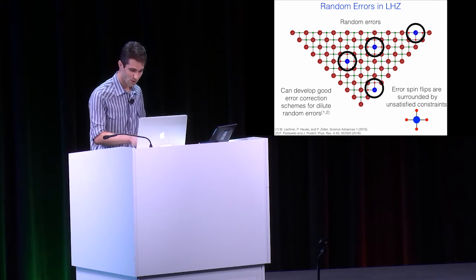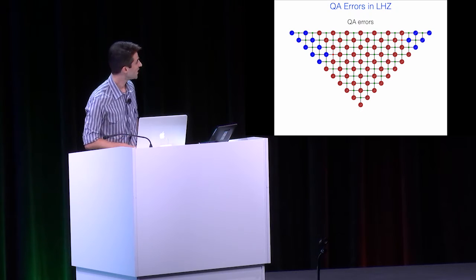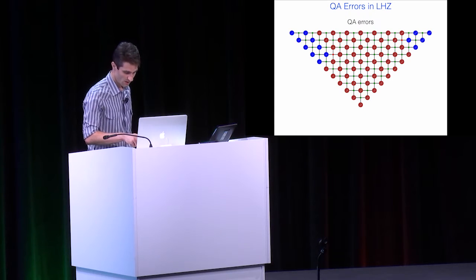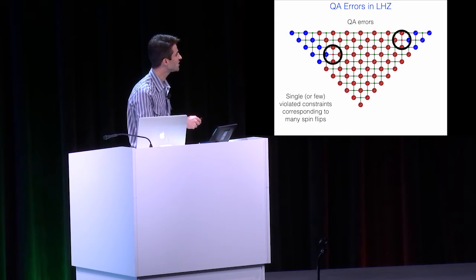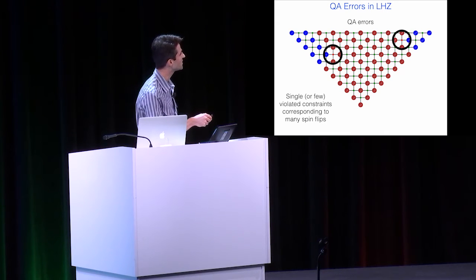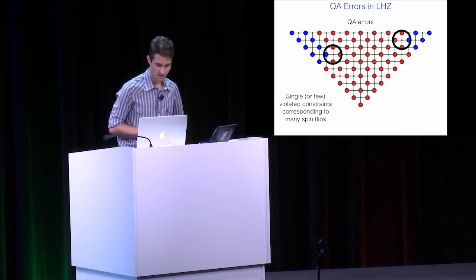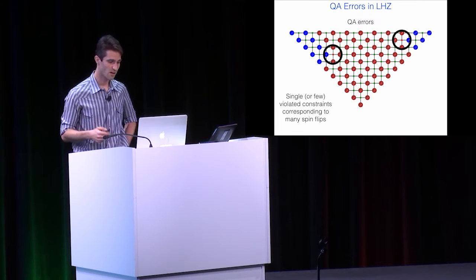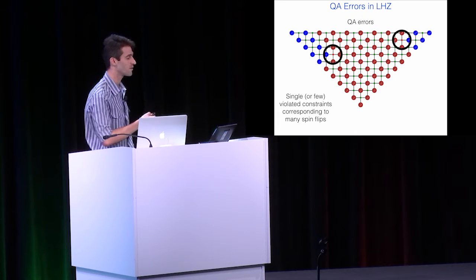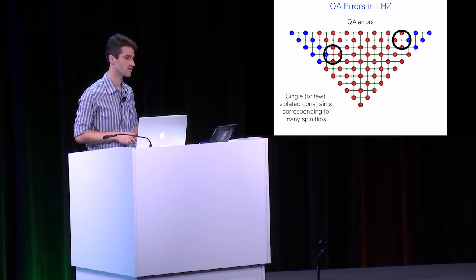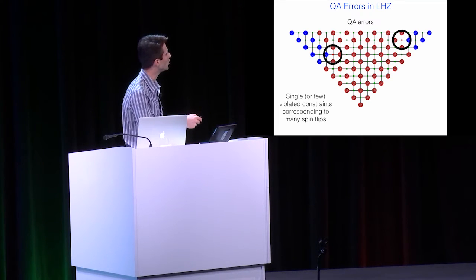But when we run our SQA simulations, these are not the kind of errors we see. Instead, we see very few violated constraints. Essentially, we see no violated constraints except, let's say, one here and one here. And then you're led to wonder, OK, which spins do I have to flip to actually get those kinds of constraint violations? Here I just showed one set of these.